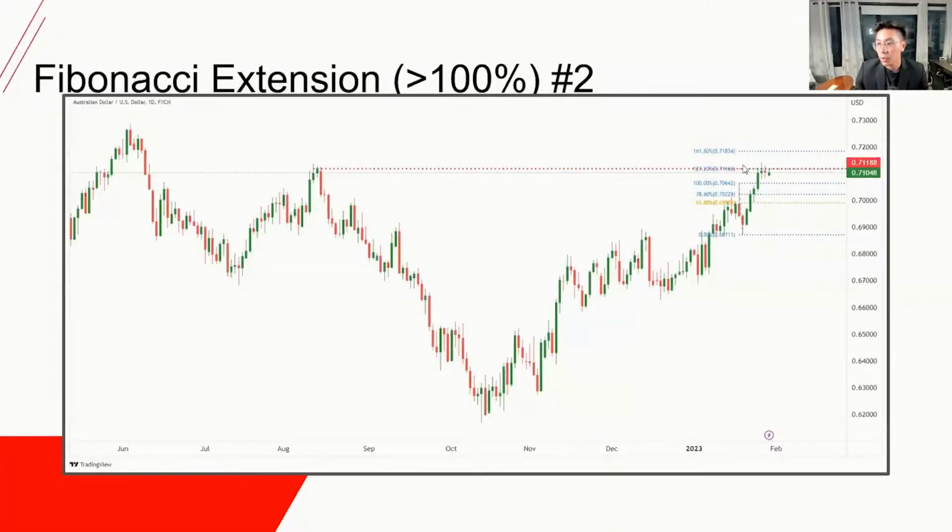And then we can see that price reacted off the 127.2% extension level, also because we have a major swing high over here. Price will always react to major key levels and then your retracement levels. So try to look out for your key levels first and then your retracement levels.